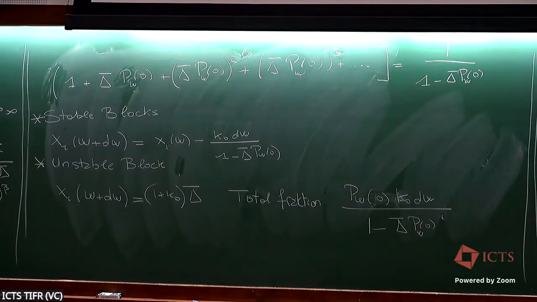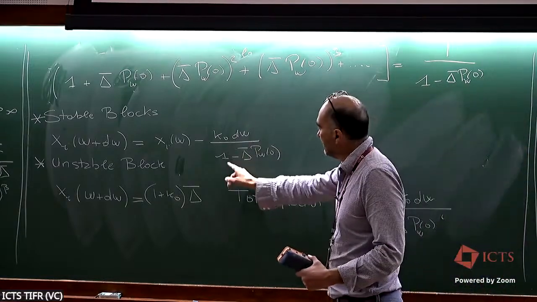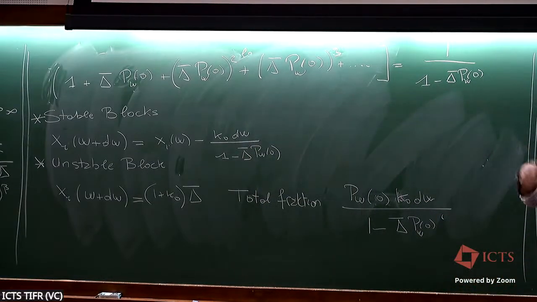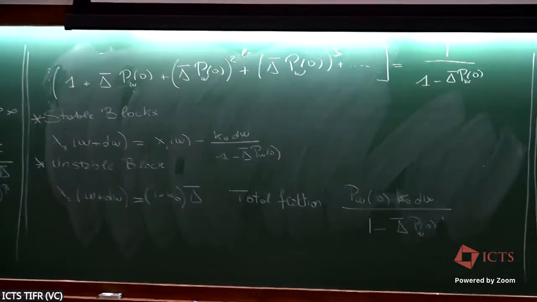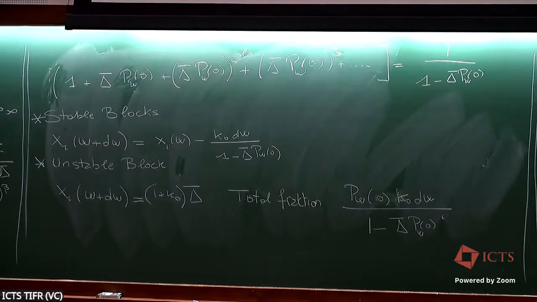Either the block is stable, in which case W is increased and the block is just shifted. Or the block is unstable, in which case it is reinitialized, and how many there are depends on the distribution, and so this is the amount. And then if you want to know the details, you have to do all the generations. So you replace these and this by the same thing divided by this, okay? This is how to account for all the generations of instabilities, but okay, it is good already if you understand the first step.